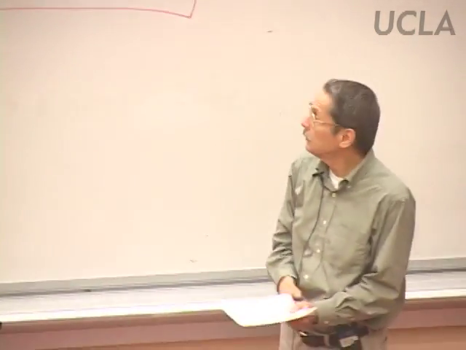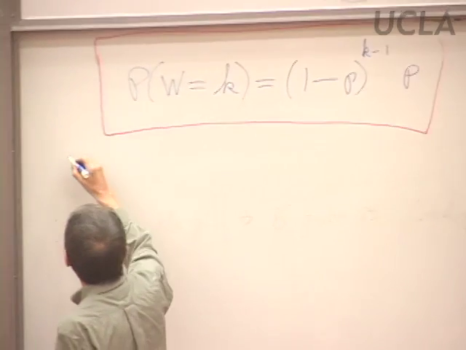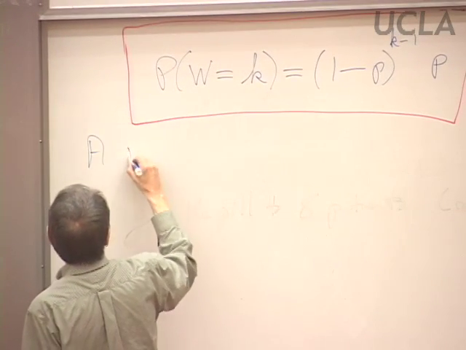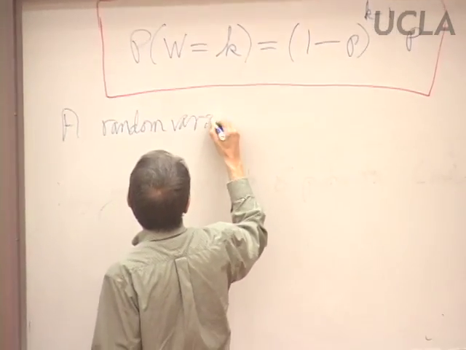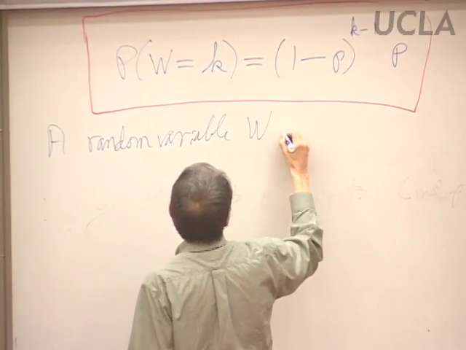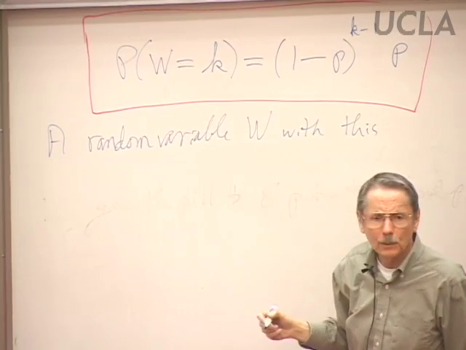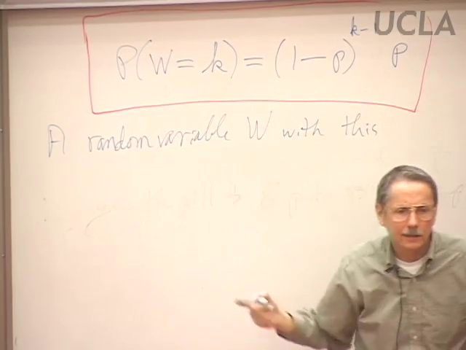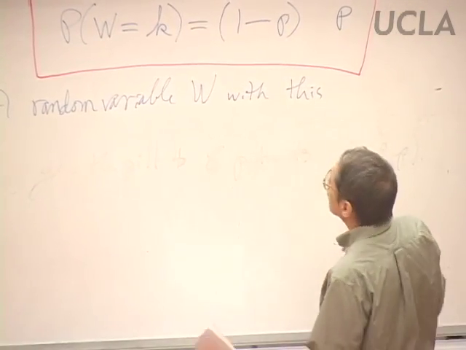And a random variable with this probability mass function is said to have the geometric distribution. Now, what's geometric about it? Well, we'll put that off till next week.